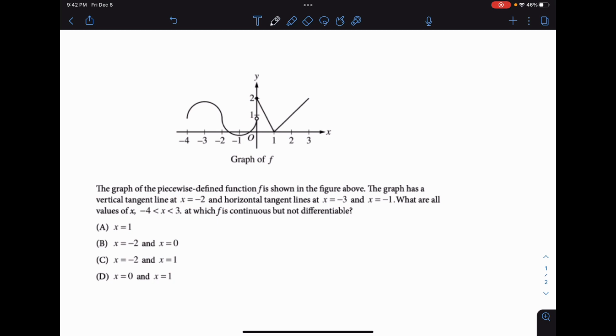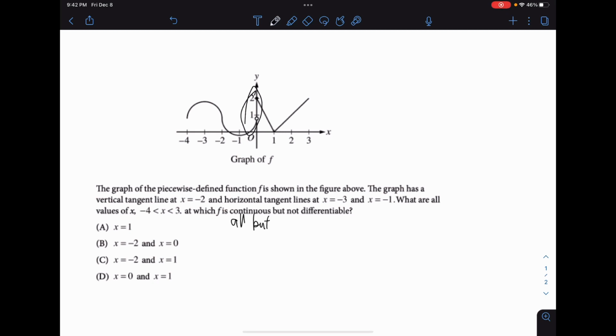This graph, you can trace the whole thing, and from the left and the right, it's exactly the same, except for that one discontinuity at the origin at x equals 0. As you can see, if you approach from the left, you get this circle, and if you approach from the right, you get the filled in one. That's the discontinuity. So where is f continuous?